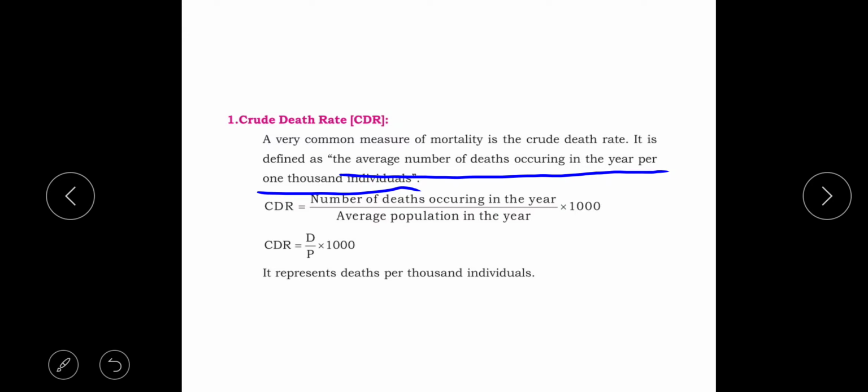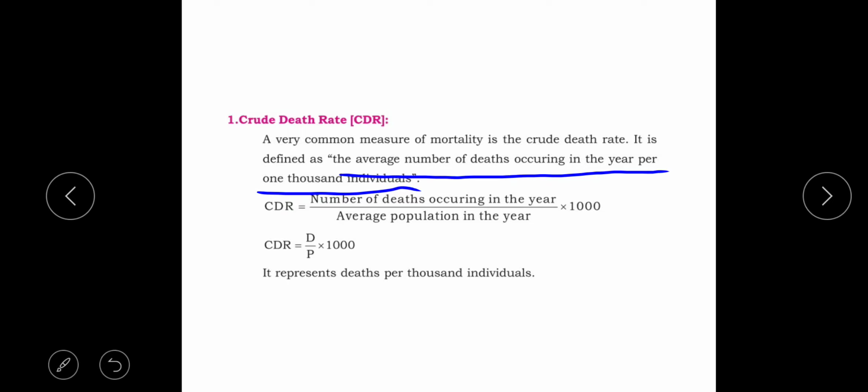The formula is CDR equals the number of deaths occurring in the year divided by the average population in the year, into 1000. In simple terms, CDR = D / P × 1000. It represents deaths per 1000 individuals.